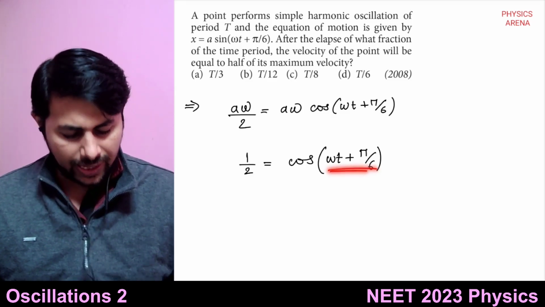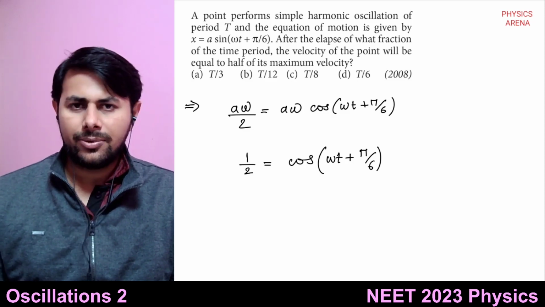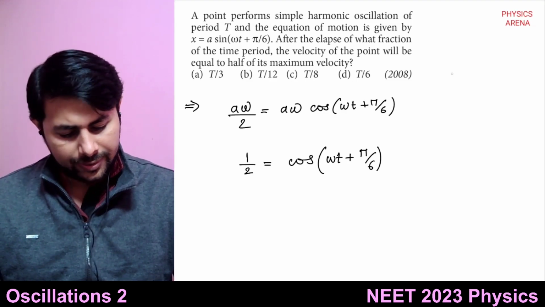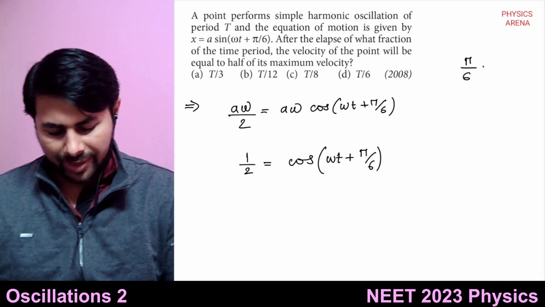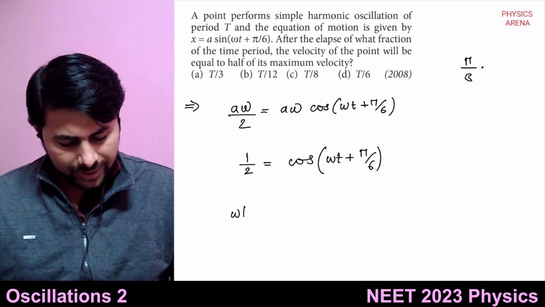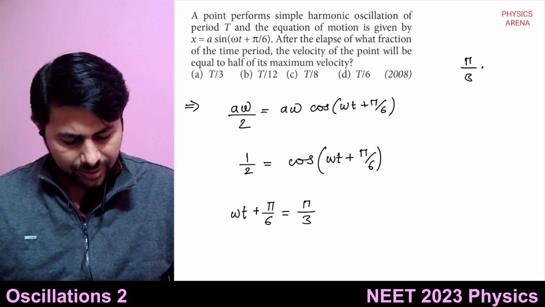So how much should be this angle? Cos of which angle is half? It's 60 degrees, right? 60 means pi by 3. So omega t plus pi by 6 is equal to pi by 3.